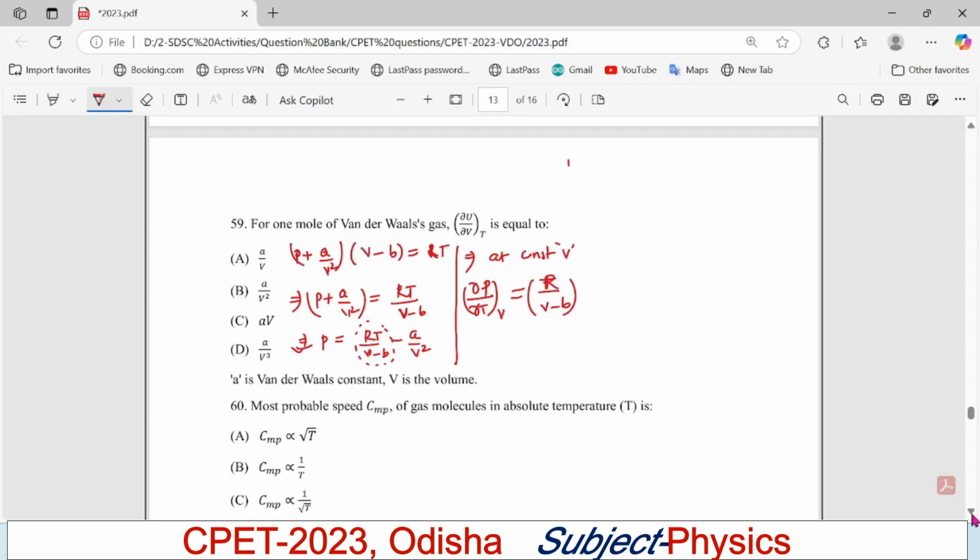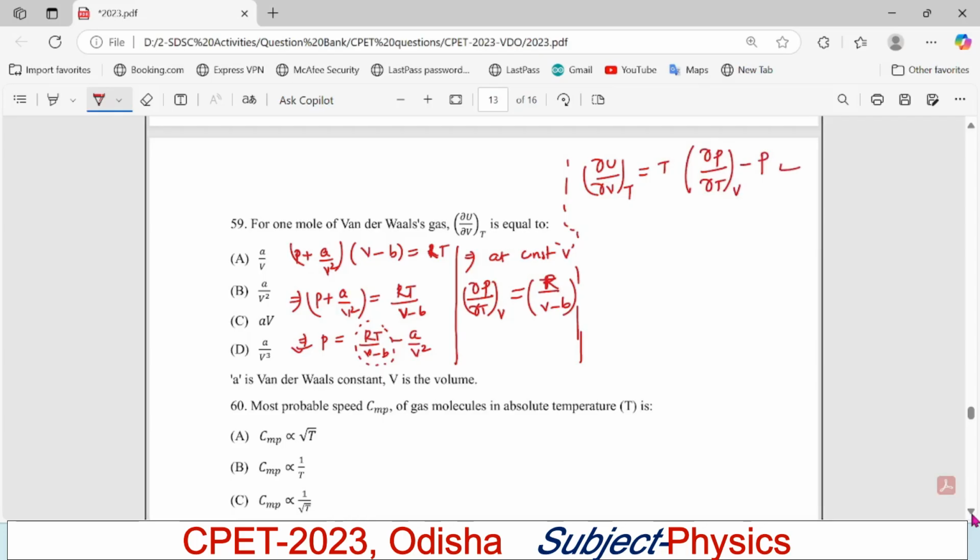And we know from Maxwell's equation that del U by del V at constant T is nothing but T into del P by del T at constant V minus P. This relation we know.